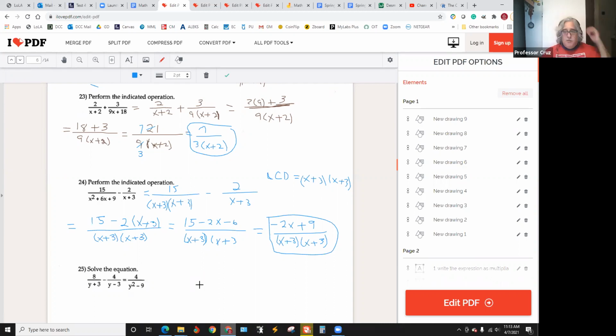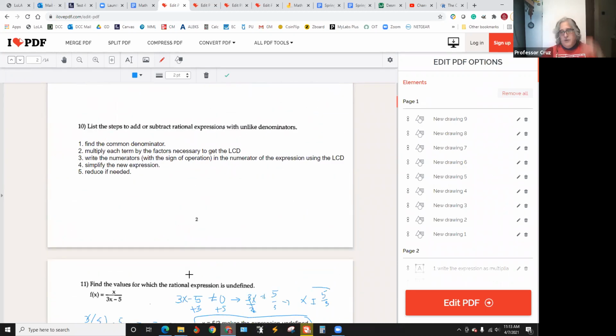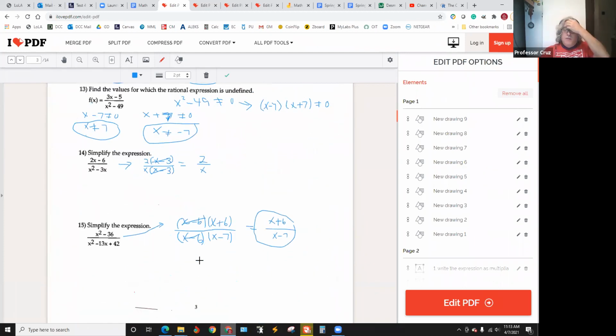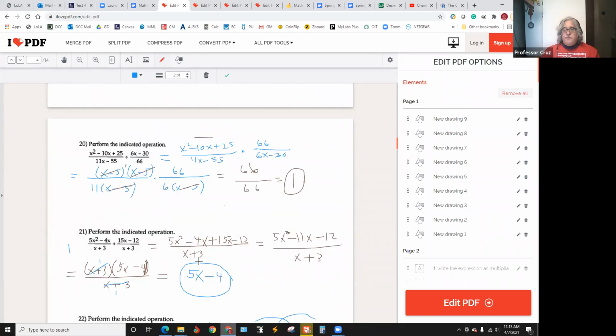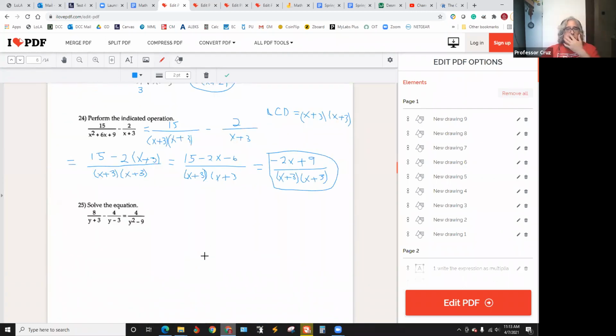But there's a much easier process, because in order to solve equations, if we multiply by the LCD, we can rid ourselves of any fractions.